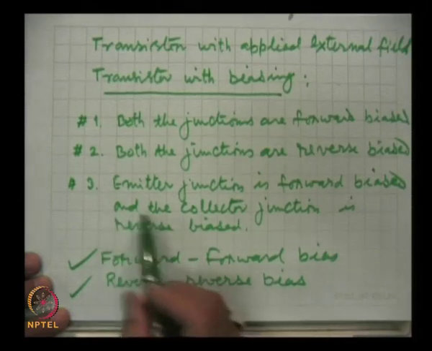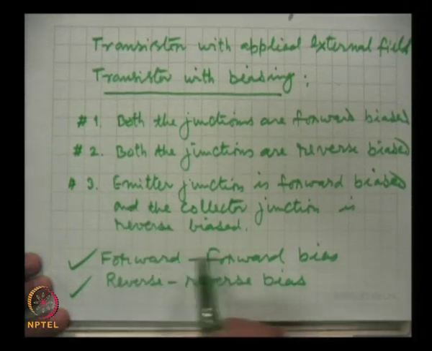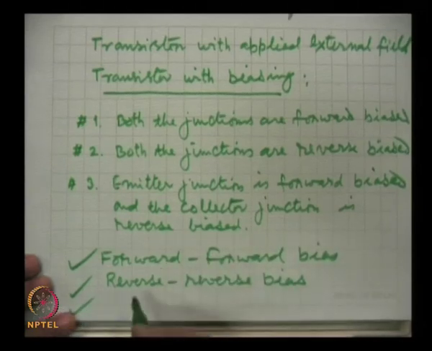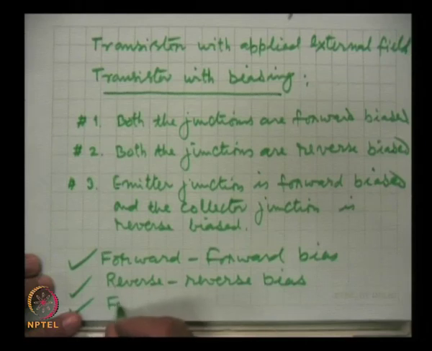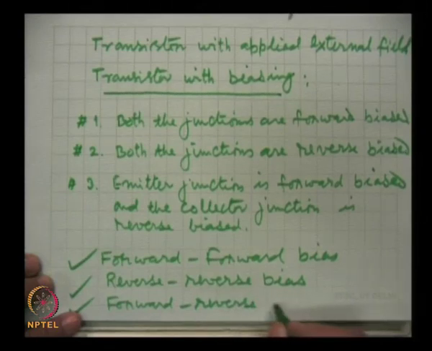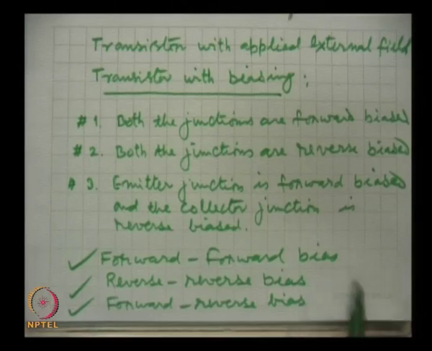And the third scheme, when the emitter junction is forward biased and the collector junction is reverse biased, is called forward reverse bias. So, these three schemes we are going to study.